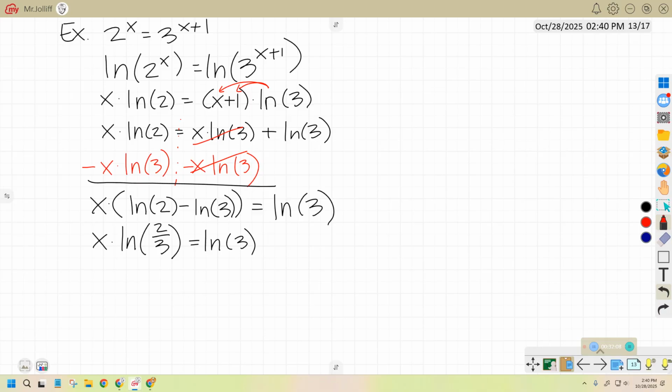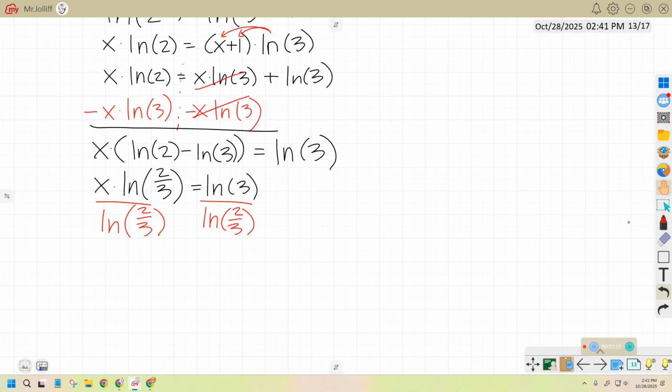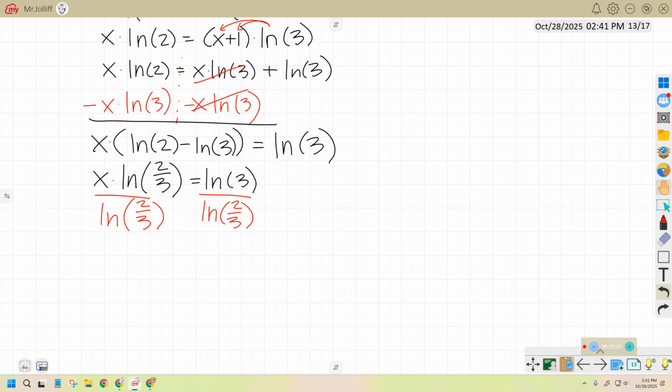Aubrey, last step. How do I undo that? Divide. Divide by the constant next to the x. So I can see on the left, constant cancels. We get x equals ln of 3 over ln of 2/3.